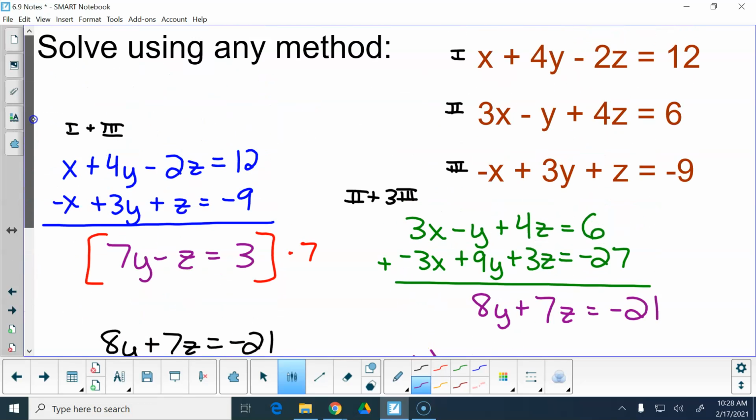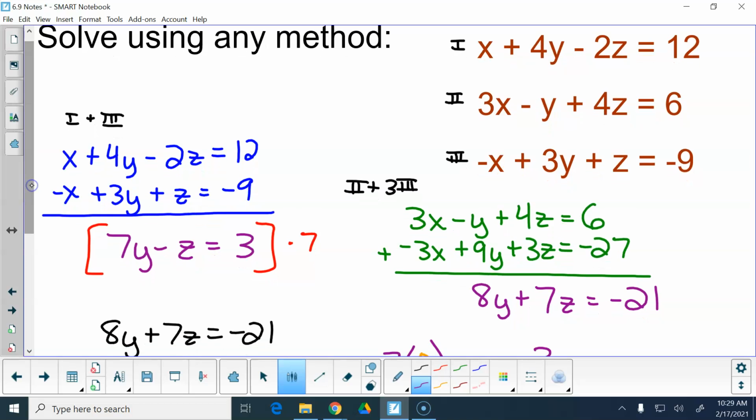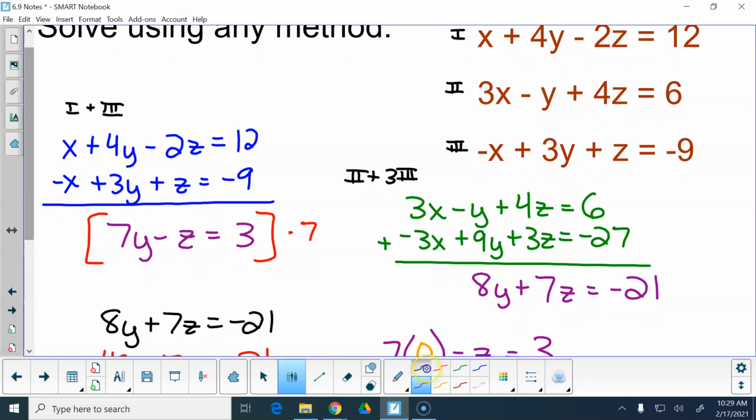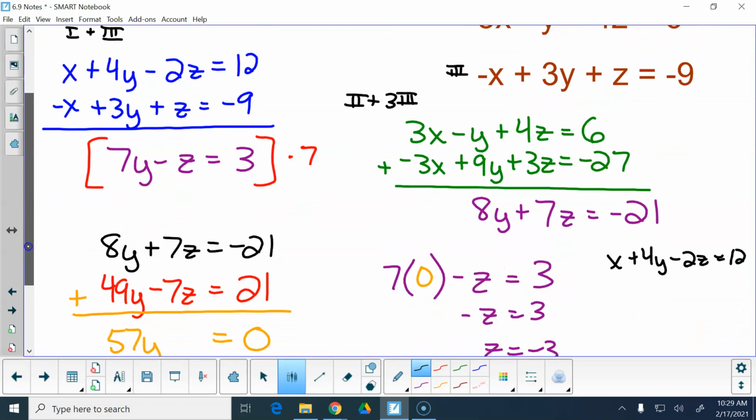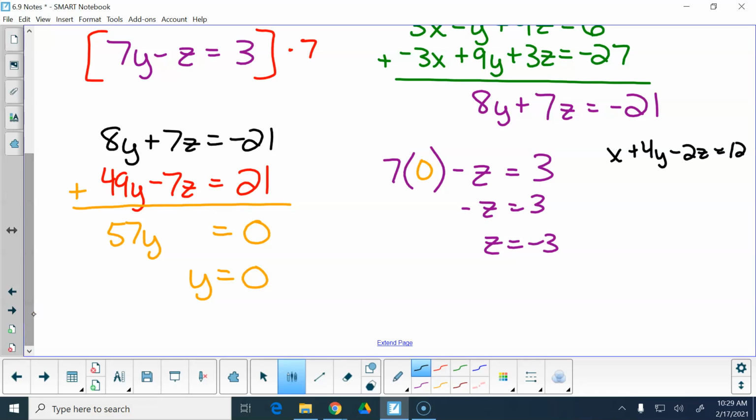I'd probably go all the way back into equation number 1. x plus 4y minus 2z equals 12. So x we don't know yet. y is 0. z is negative 3.